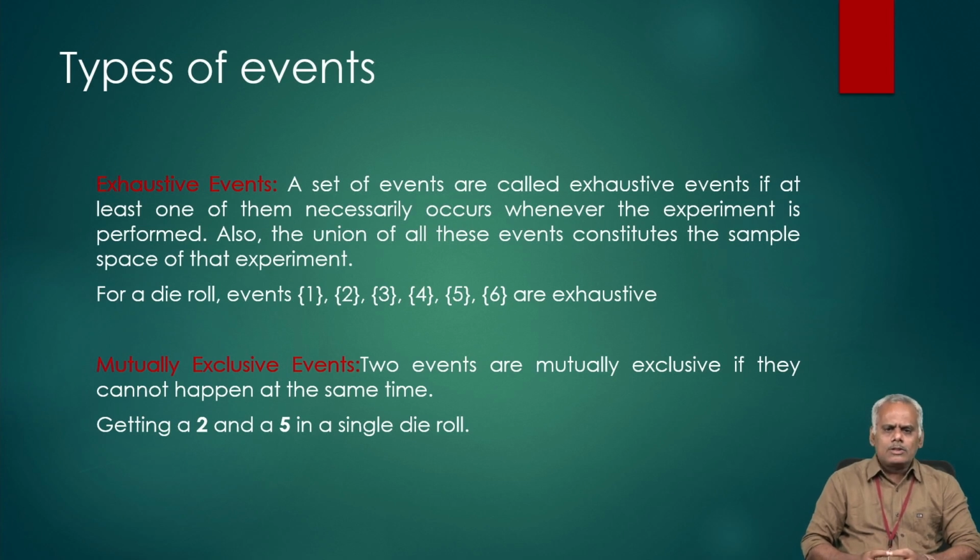Now, mutually exclusive events. In short, no two events can happen at the same time. Two events are mutually exclusive if they cannot happen at the same time. So getting a 2 and a 5 in a single die roll, these are mutually exclusive. Either you will get 2 or 5, not both.